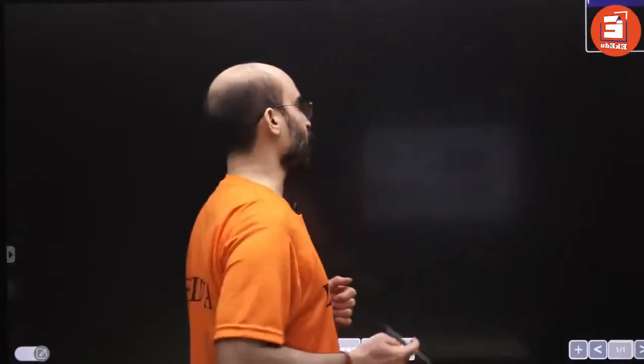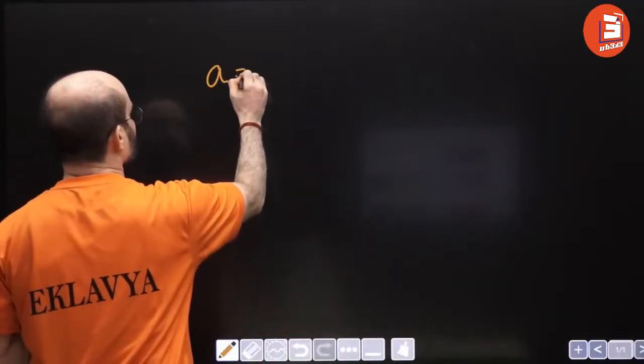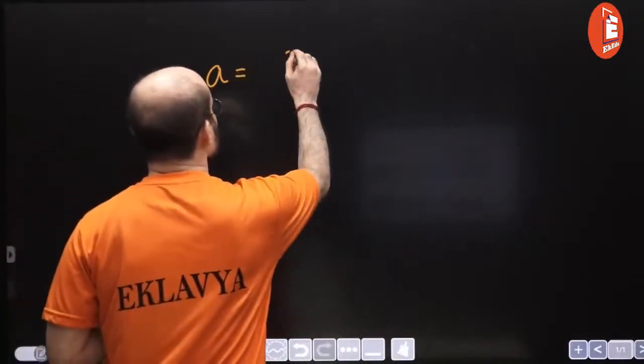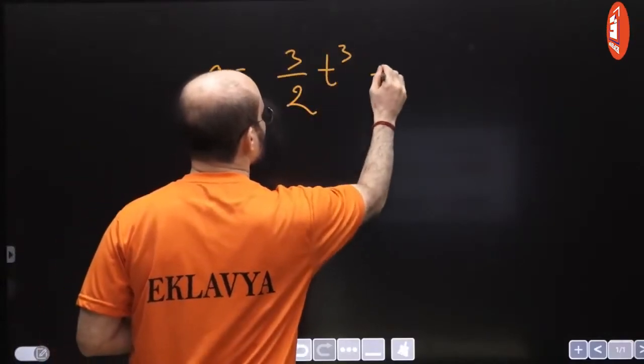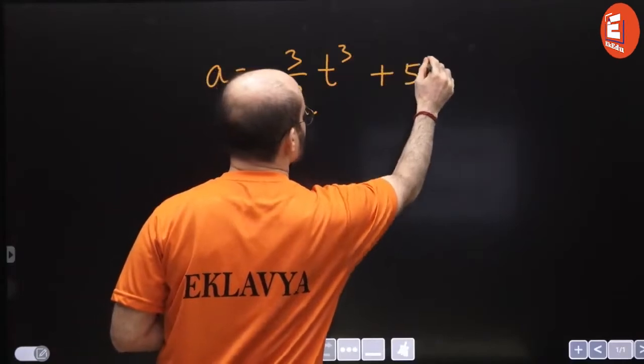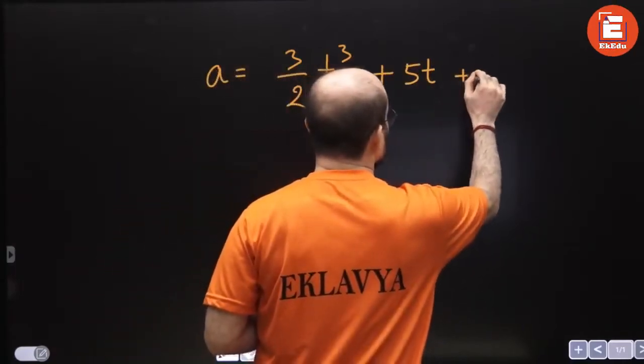So let us take one very simple question. Suppose acceleration is equal to 3 by 2 t cube plus 5t plus 2.